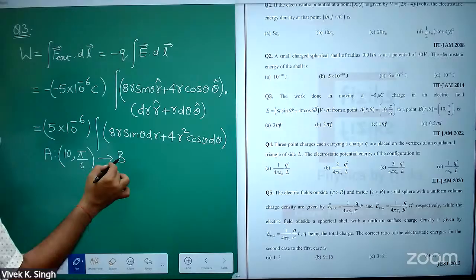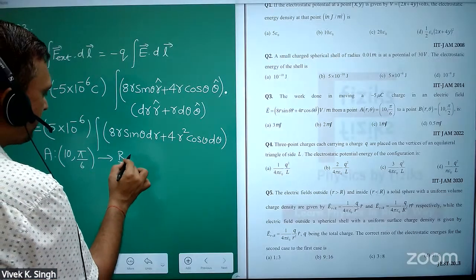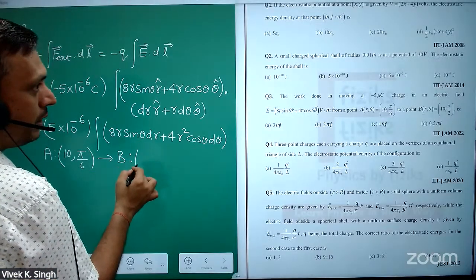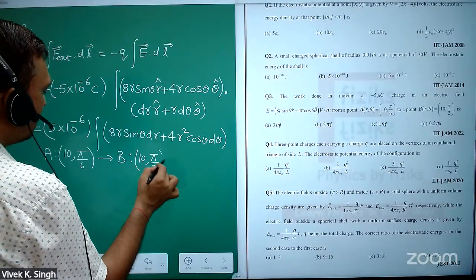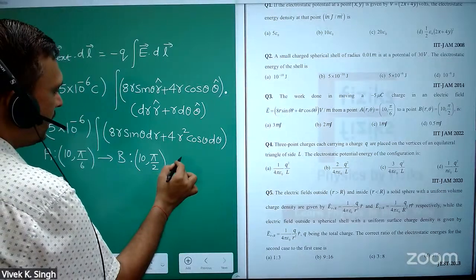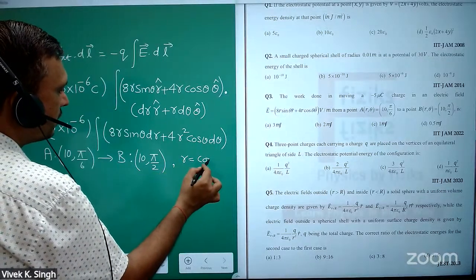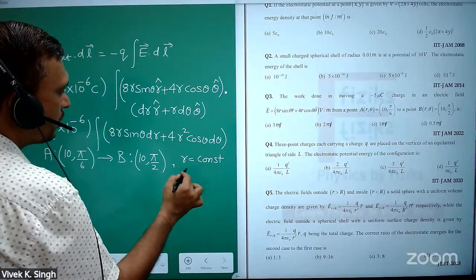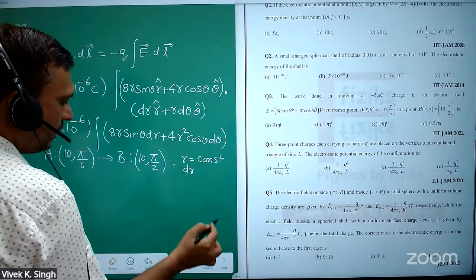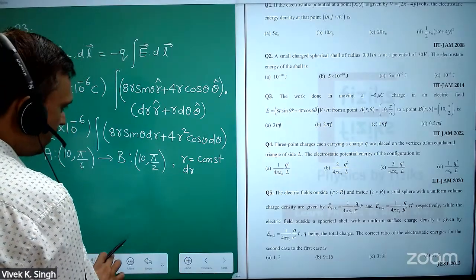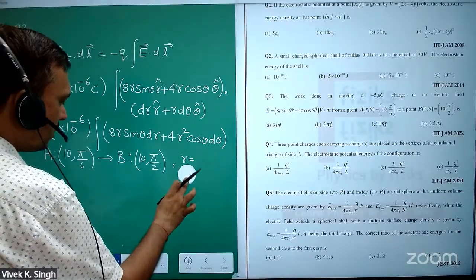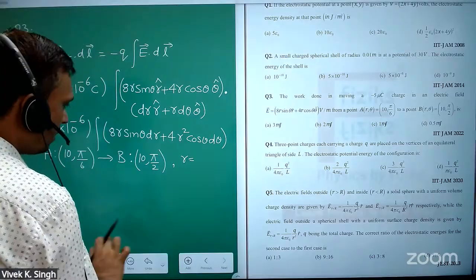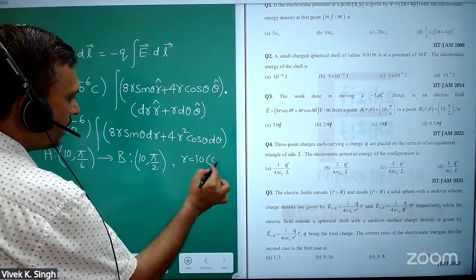And you are moving to point B. Point B is 10 and pi by 2. So here R is constant, R is equal to 10, that is a constant value.